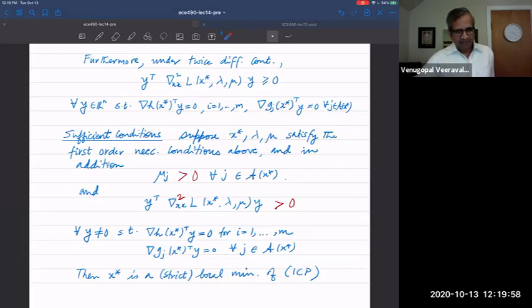Okay. Any questions? All this will become a little more clear once we start doing examples, just like what happened with the equality constraints. So we'll spend all of next lecture, maybe even a little bit into next week, on examples.